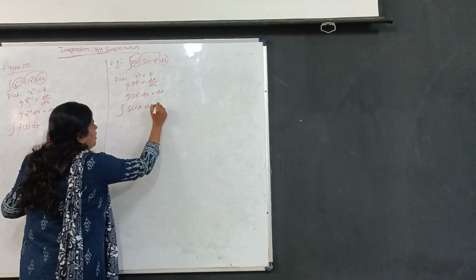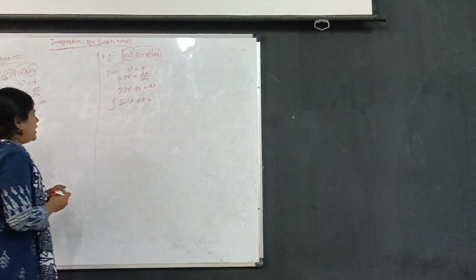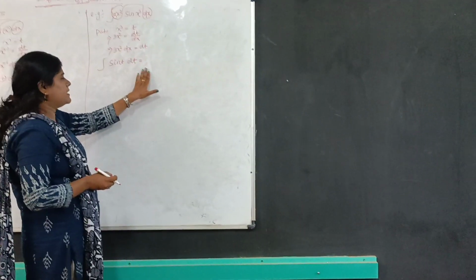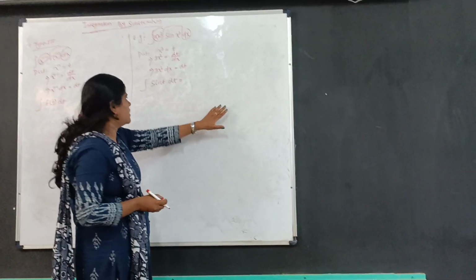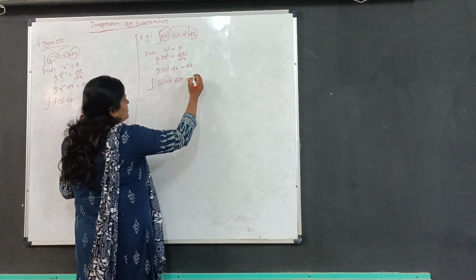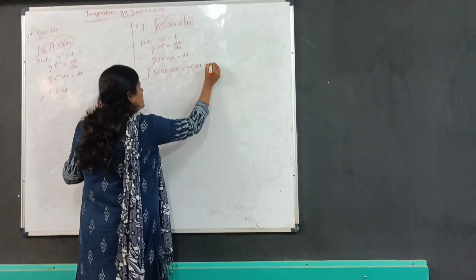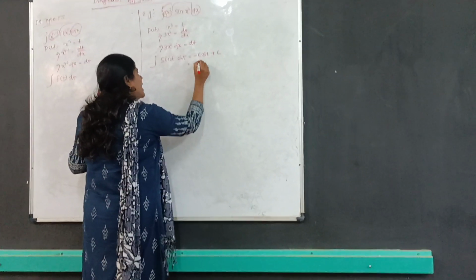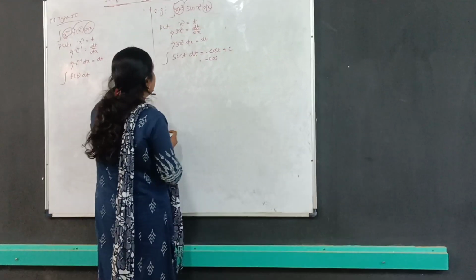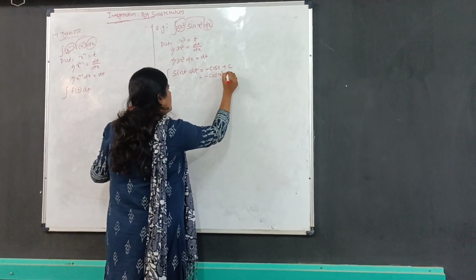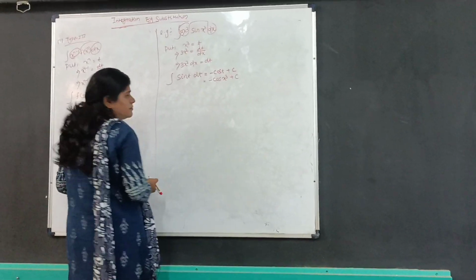We already know the formula that the integration of sin x dx is equal to minus cos x plus c. So here we substitute in this formula: minus cos t plus c, which is equal to minus cos, where t we substitute x cube: minus cos x cube plus c.